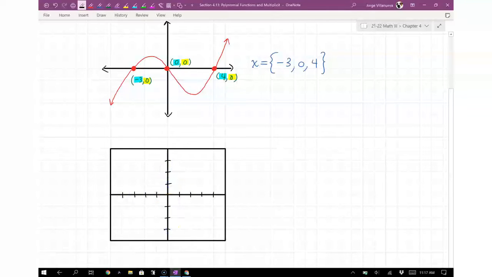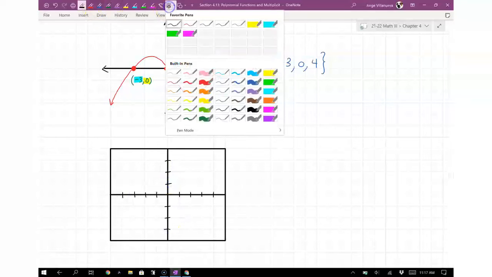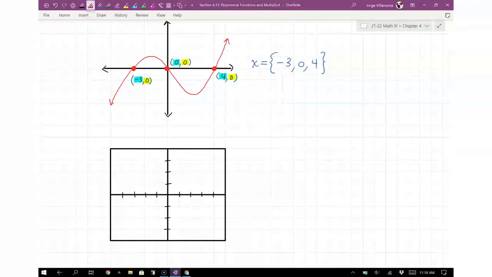And then they're going to show you a graph that's going to look similar to this. It's going to be really weird, like they don't even show you the whole graph. They just show you a piece of it.